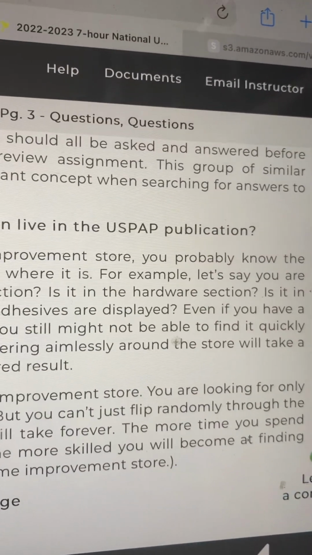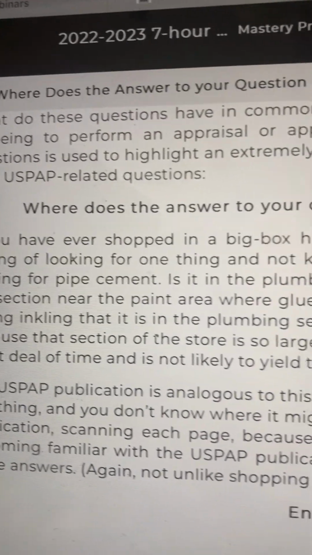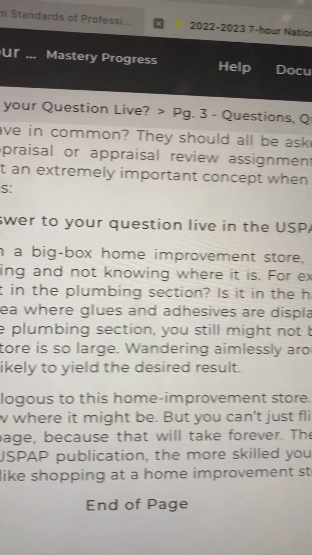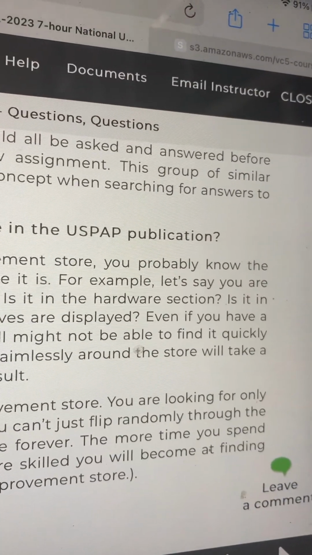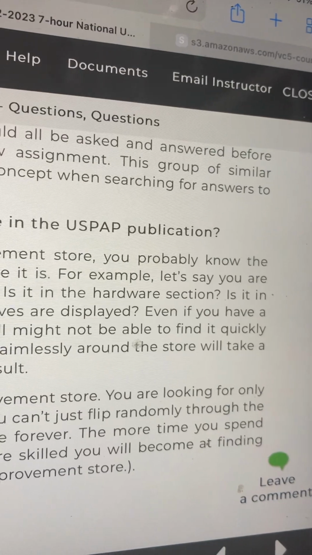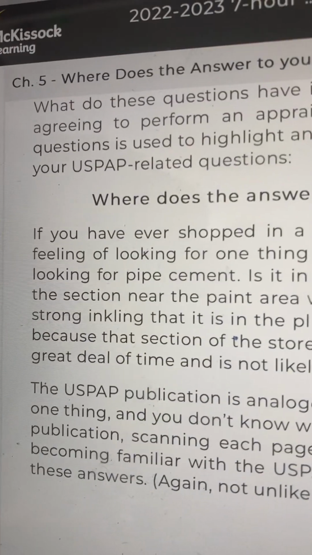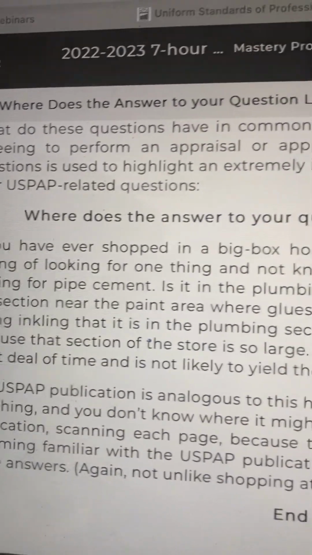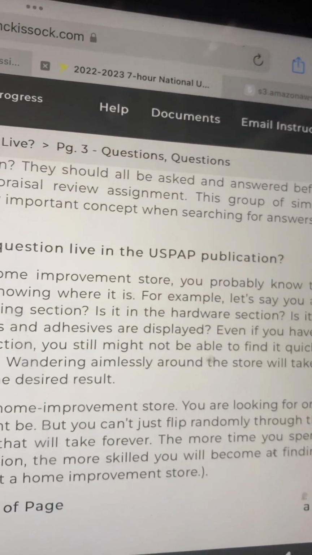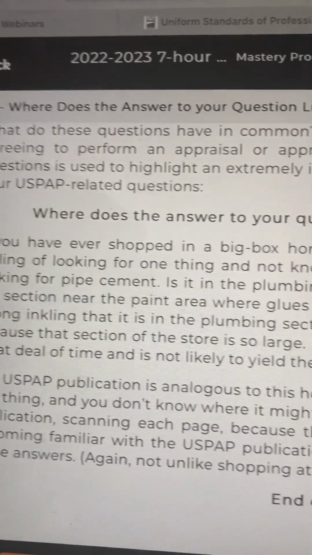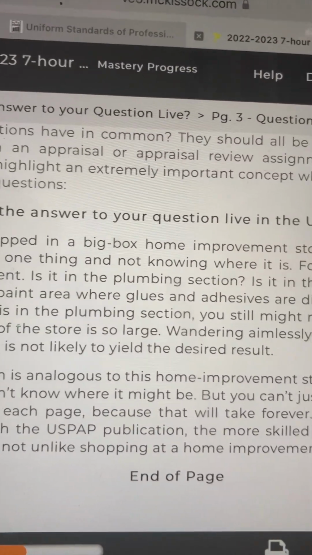Is it in the hardware section? Is it in the section near the paint area where glues and adhesives are displayed? Even if you have a strong inkling that it is in the plumbing section, you still might not be able to find it quickly because the section of the store is so large.